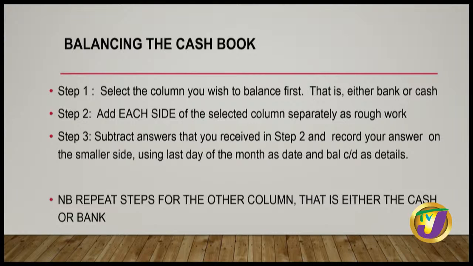Select the account you wish to balance first, that is either the cash or the bank account. Then you add each side of the selected column separately as rough work. You subtract your answers from step 2, and you record your answer on the smaller side, using the last day of the month as date and balance c/d as details. And of course, you will repeat the steps for the other column, either the cash or the bank.